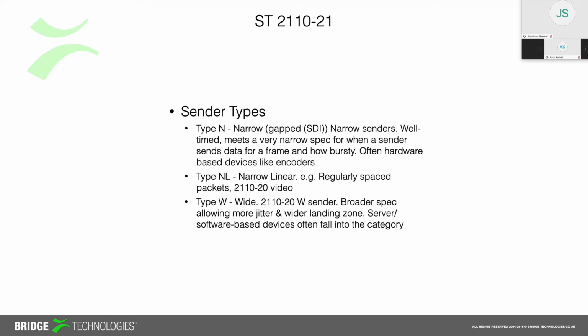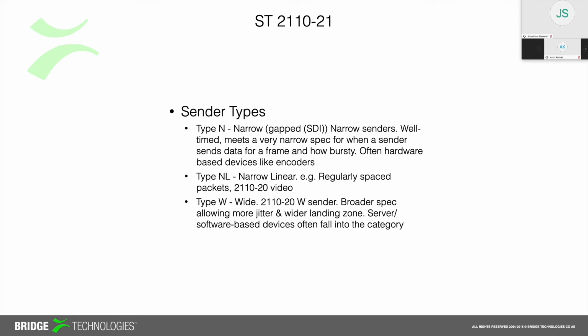In doing the research for this, I found out that actually software devices, server devices with particularly the interfaces, are becoming far better at sending this type of traffic and can act more and more like a narrow sender.